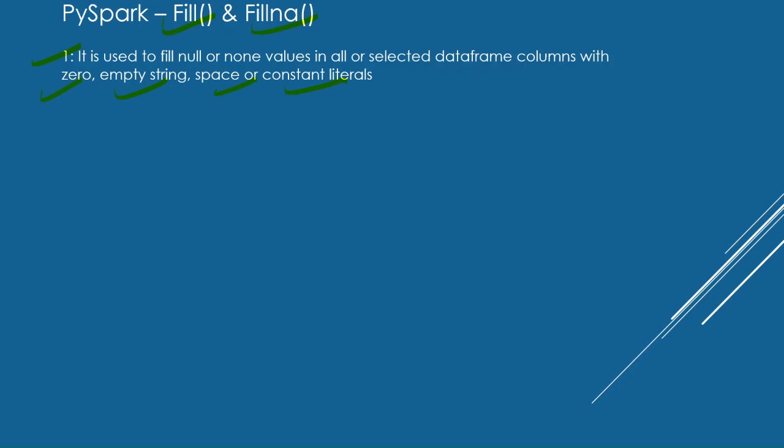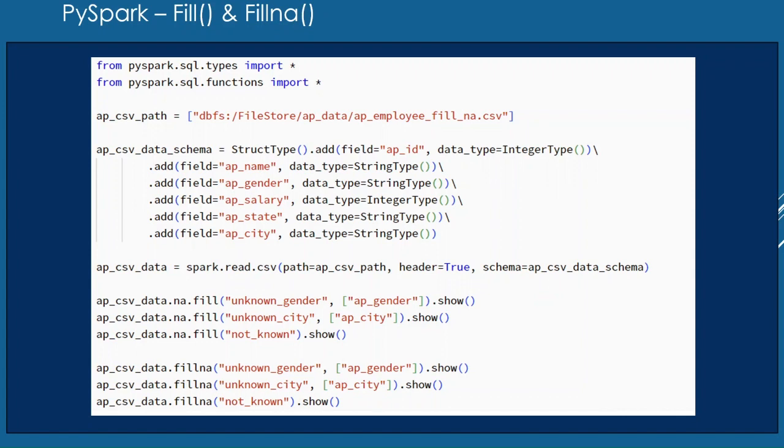So let's see what we are going to do in this exercise. Of course, I am going to demonstrate the fill and fillna functions. So let's discuss the exercise which I am going to perform in this video. Here I am importing all the required libraries.